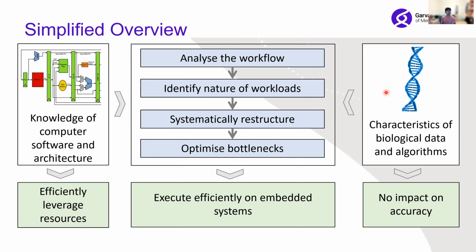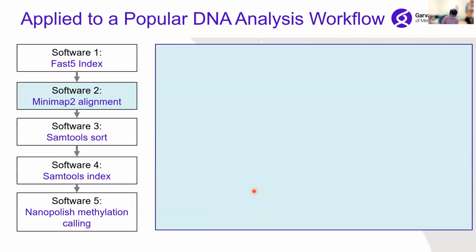You can't mess around with those, because if you change them, it will impact accuracy and the optimizations will not be useful. If you keep those two factors in mind, then you can get an efficient piece of software that will run on an embedded system.